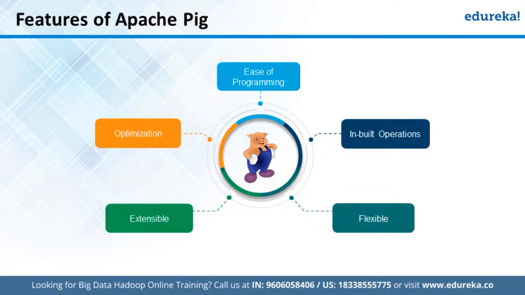You can write 4 lines of code and your job is done. A lot of inbuilt operators are there, flexible, extensible, and optimization. It does self-optimization as well, because ultimately whatever you do in Pig will get converted into a MapReduce job. But for the user, you don't have to write that big MapReduce program.